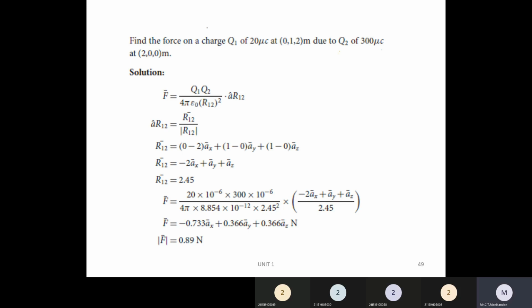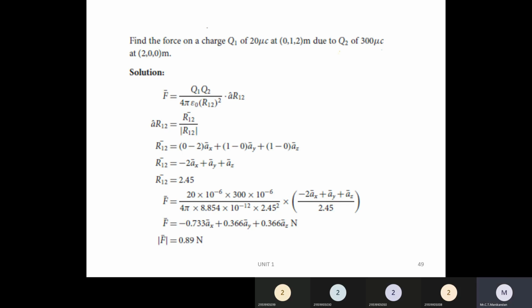Just now I have told you. If the distance is given as 5 meter, you don't need to go for aR12. Straight away, the distance R value you know, you can substitute. But here they have not given it in that format. What they have given us is (0, 1, 2) and (2, 0, 0). That is in points.